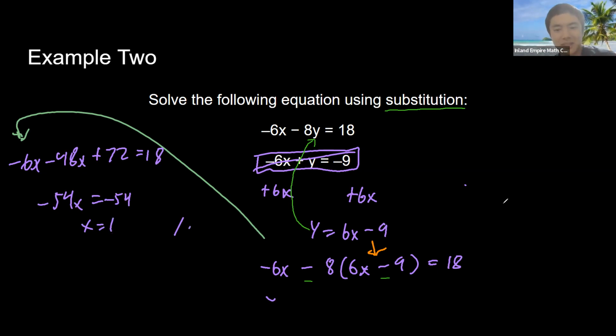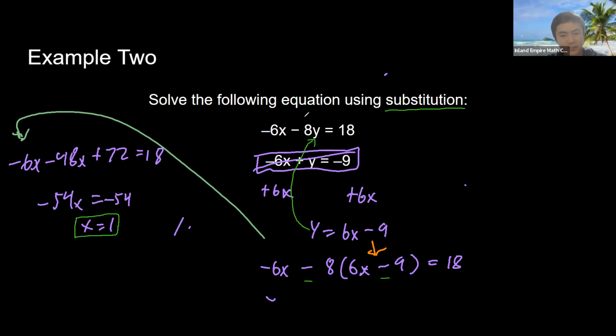So that's the solution. However, we are not done yet, guys, because we found out what x is, but we still don't really know what y is, do we? So how would we find y given that x equals 1? Again, Joyce, how would we find y if x equals 1?